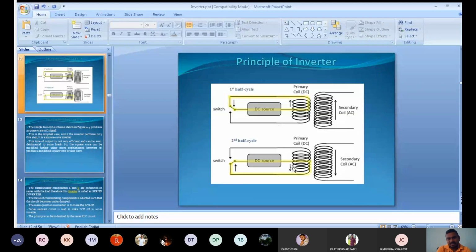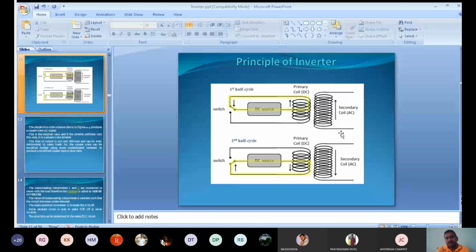So in the second half cycle the direction is reversed compared to the first half cycle. In this case the current is flowing in the reverse direction.